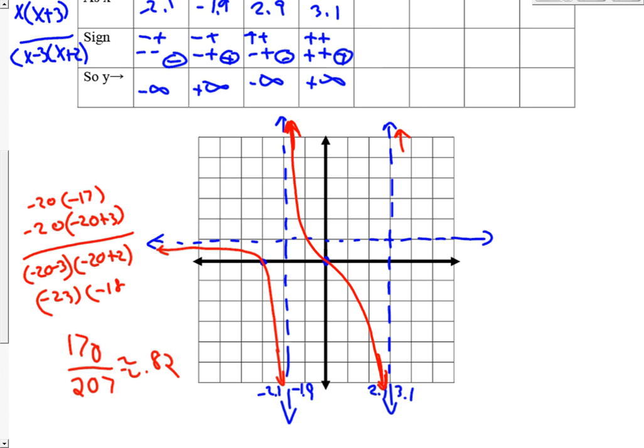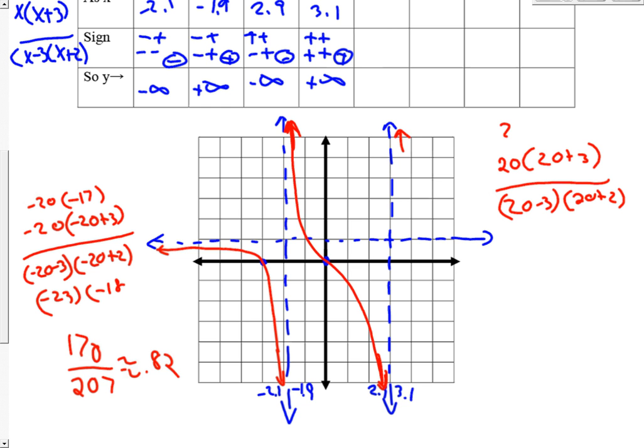All right, so now on the right-hand side of the graph, I'm going to make sure I stay above the horizontal asymptote, so I'm going to use a number like 20. So 20 times 20 plus 3 over 20 minus 3 times 20 plus 2.